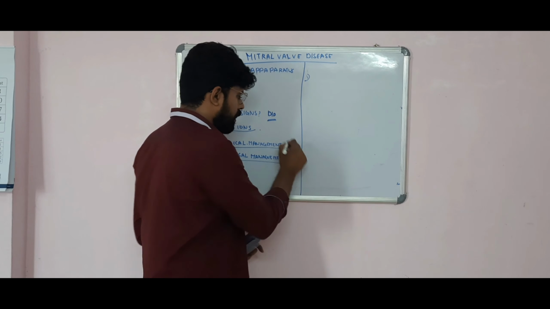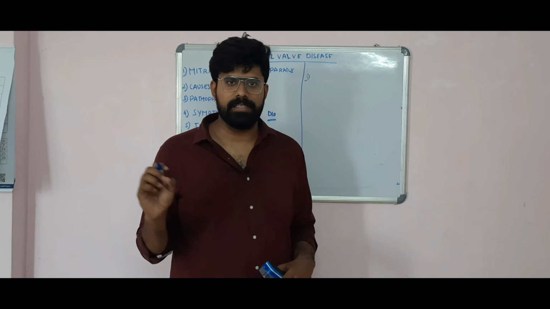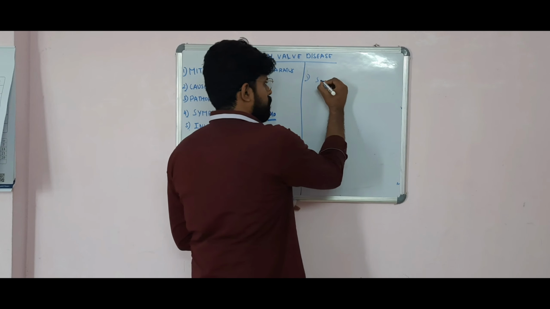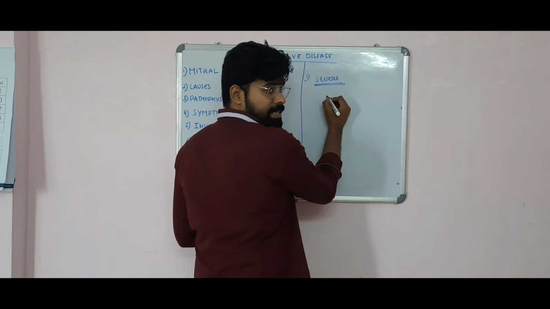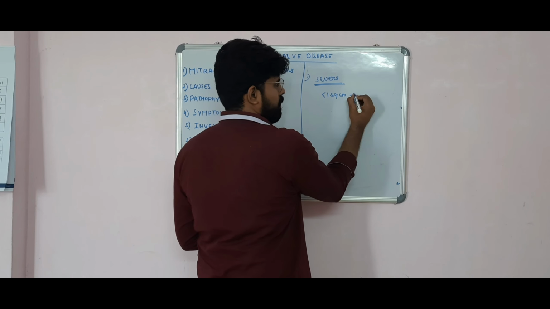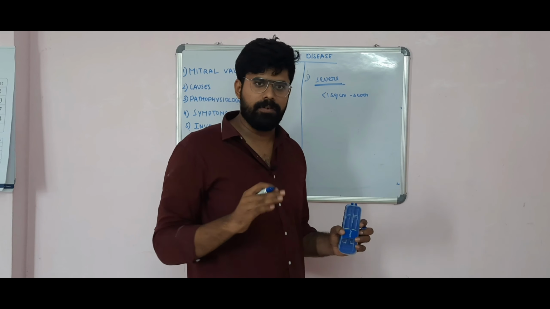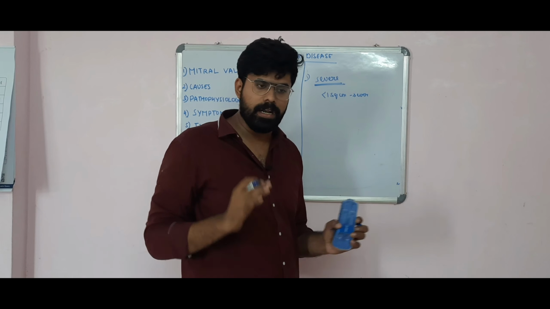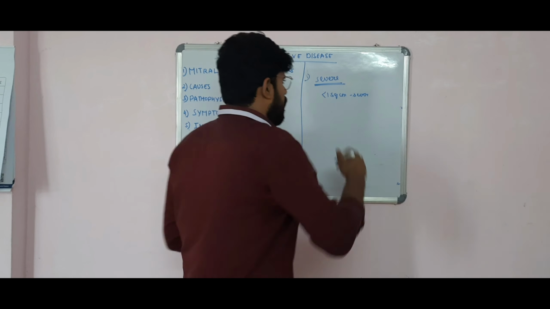When do you go for surgery? Any patient with a severe mitral stenosis. Severe mitral stenosis means the orifice size is less than 1 square centimeter. If it is 1 to 1.5 it is moderate. 1.5 to 2 is mild mitral stenosis.